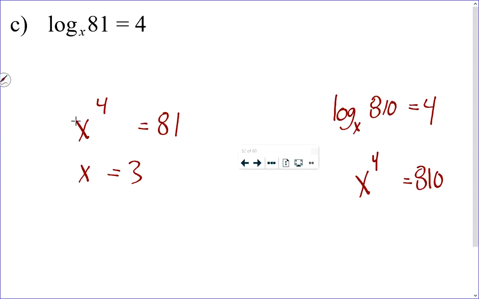In other words, x will be equal to 810 to the quarter. And it's interesting, and I want you to think about this, that I can get rid of that exponent not by thinking of roots, but by saying I'm going to raise both sides to the quarter. Because x to the 4 to the quarter is x to whatever 4 times a quarter is, which is 1. So it's 3.